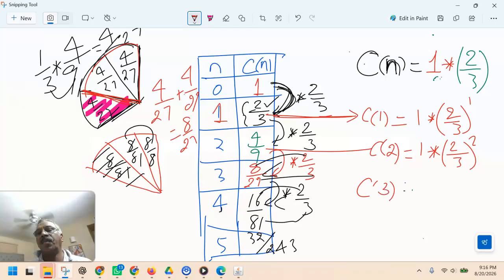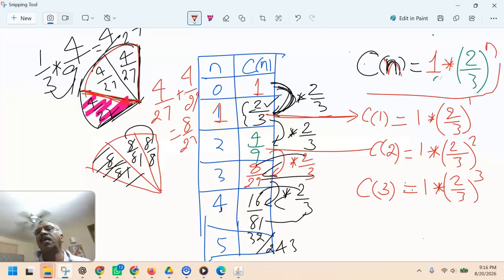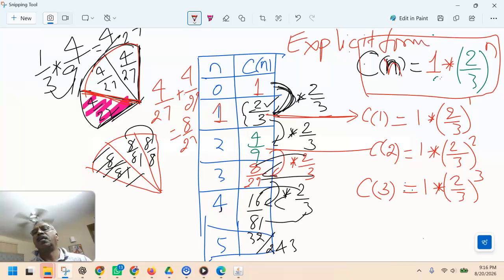If it is 3, then it is 1 times 2/3 raised to 3. So likewise, if it is n, you put n. That's the explicit formula. And this works for n equal to 0 and also greater. So greater than or equal to means 0 and so on. So this is the explicit formula.